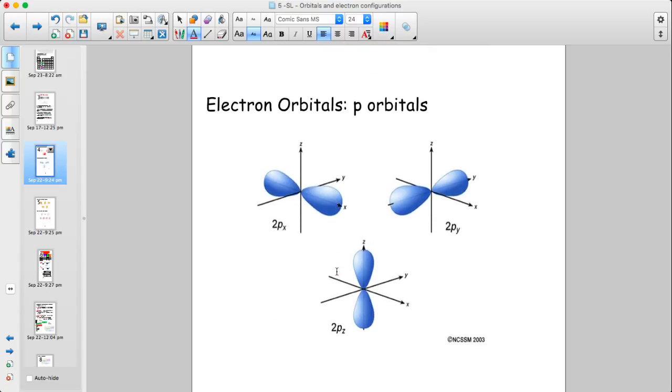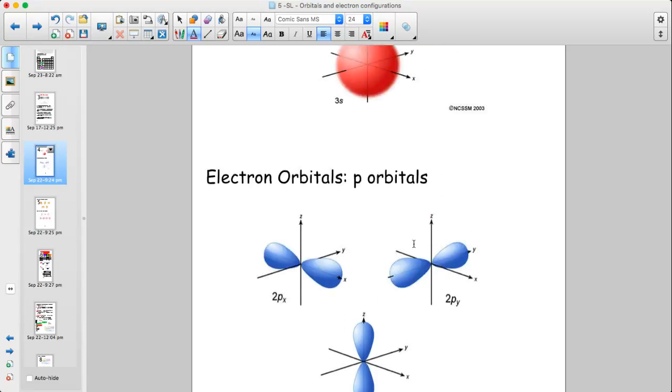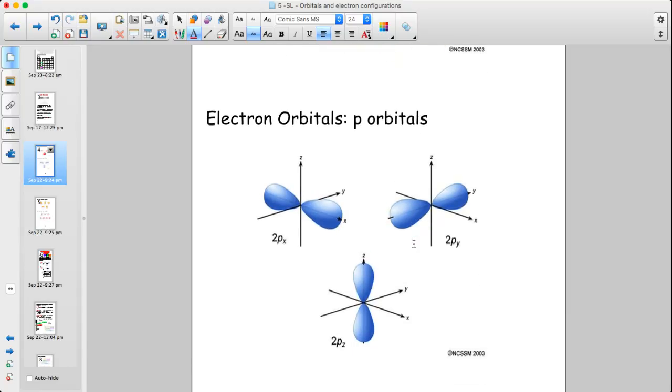You should also be able to draw p orbitals, and you should be able to draw them based on the x, y, or z letter. On an x, y, z axis, the 3-dimensional axes, the 2px runs along the x-axis, the 2py runs along the y-axis, and the 2pz runs along the z-axis. So you should be able to draw p orbitals or s orbitals.